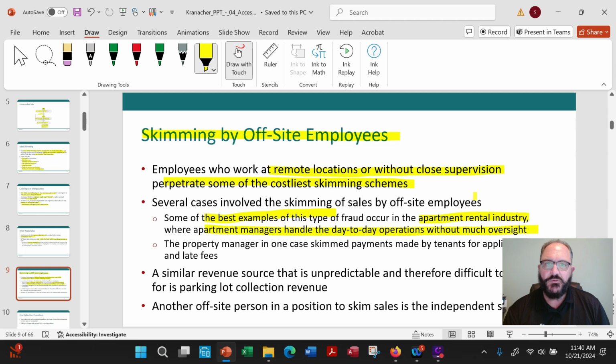They could be collecting rent on a unit that the company doesn't even know is rented. In one case, a property manager skimmed payments made by tenants for application fees and late fees. Again, parking lot revenue collection, or an independent salesperson. These are all areas where there's not a lot of supervision, and when there's not a lot of supervision, there's always a great opportunity for fraud to occur.